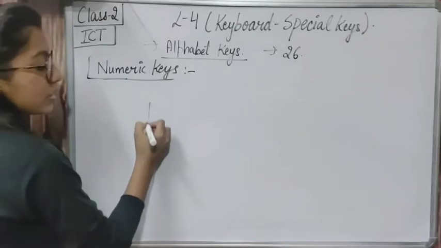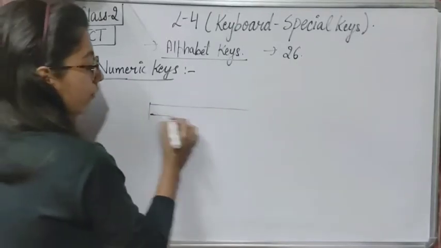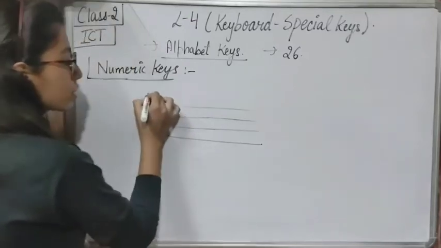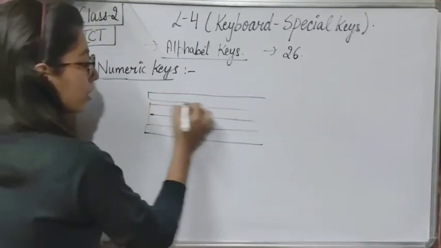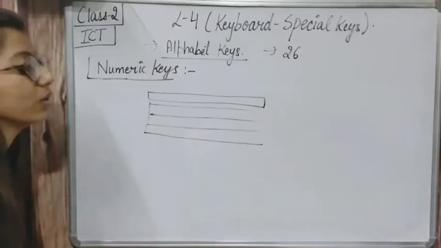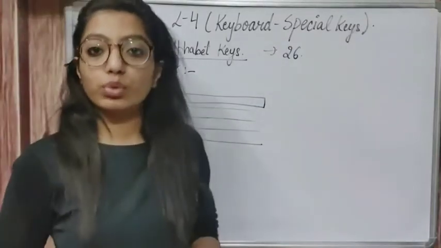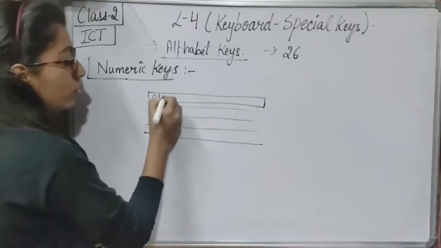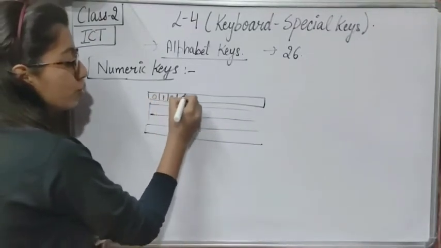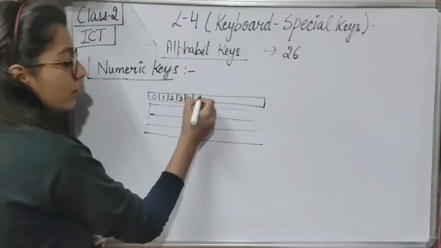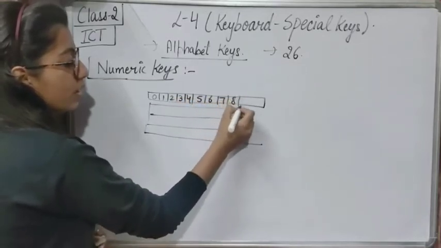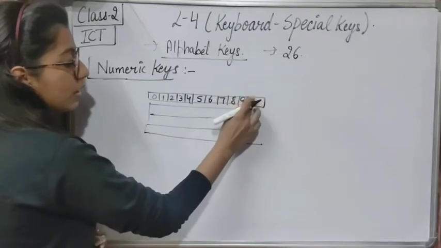The 3 rows of alphabet keys, just above them in the row there are given total 10 numbers from 0, 1, 2, 3, 4, 5, 6, 7, 8, 9.